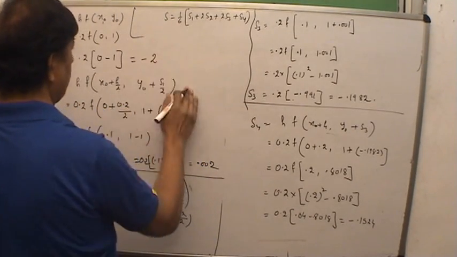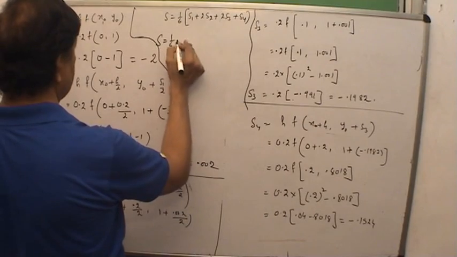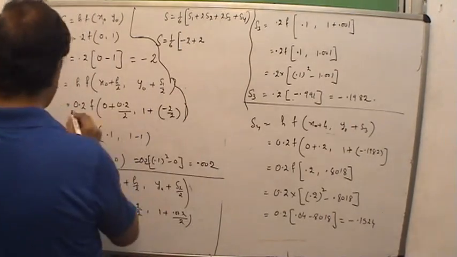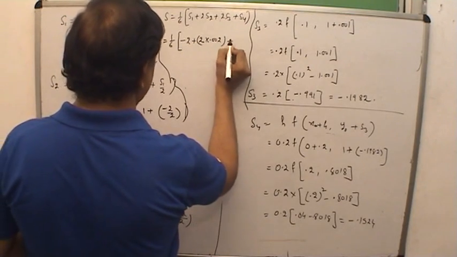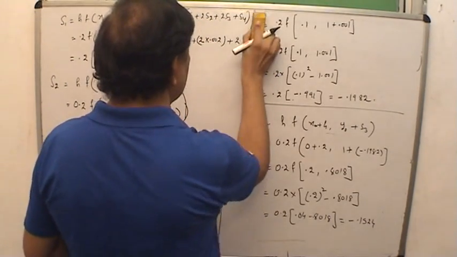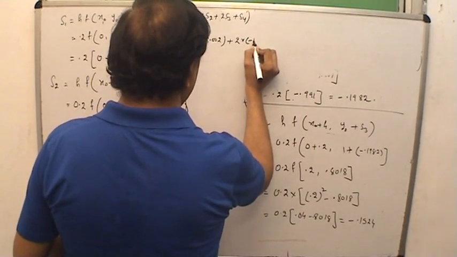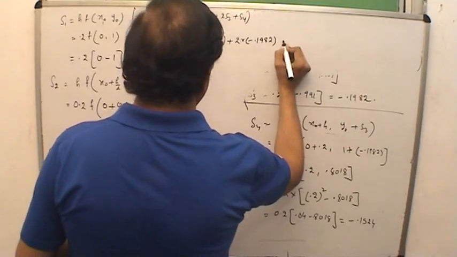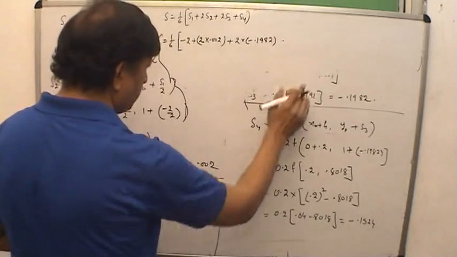We substitute all the values here, that is S is equal to 1 by 6 into, here S1 is minus 2, plus 2 times of S2, 0.002, plus 2 times of S3, that is minus 0.1982, plus S4.